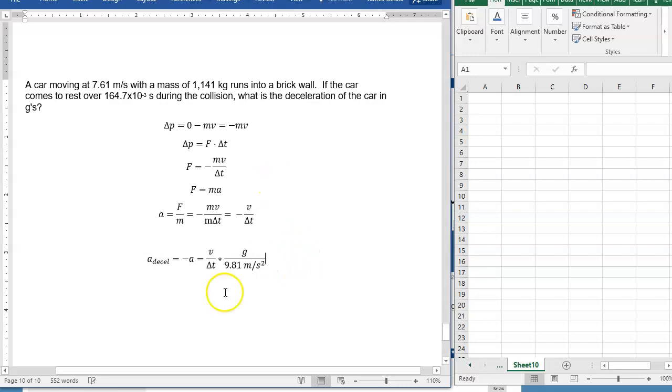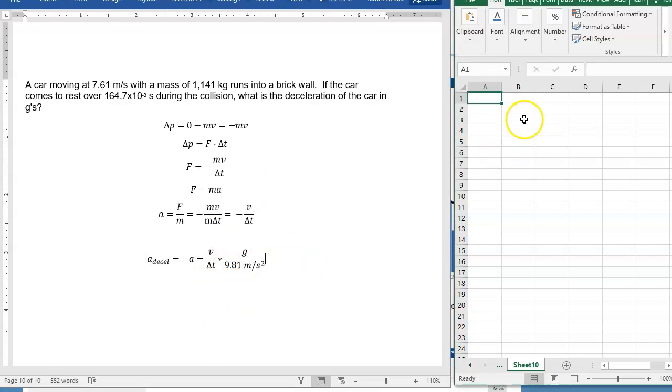All right. So now we have everything we need. Turns out we didn't need the mass at all. Isn't that cute? So velocity, delta t, and g, which is 9.81. Okay, our initial velocity, 7.61 meters per second.